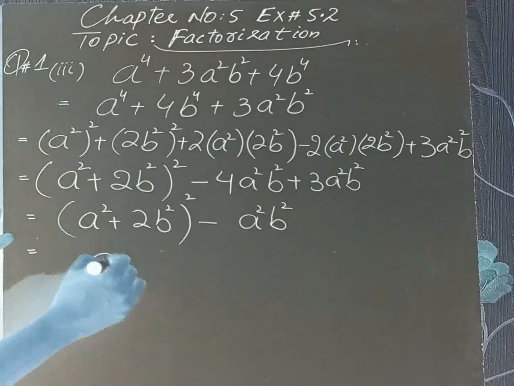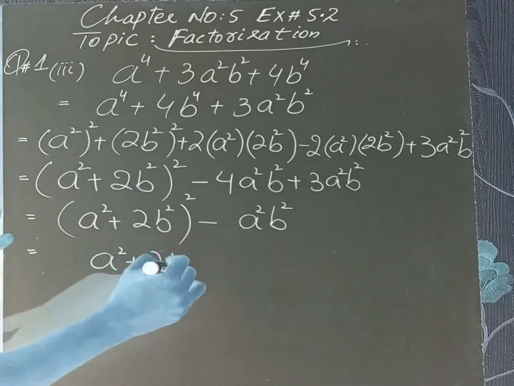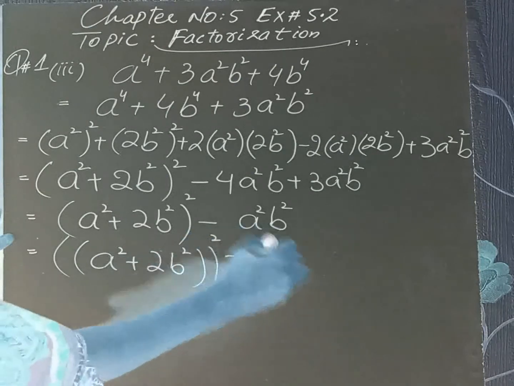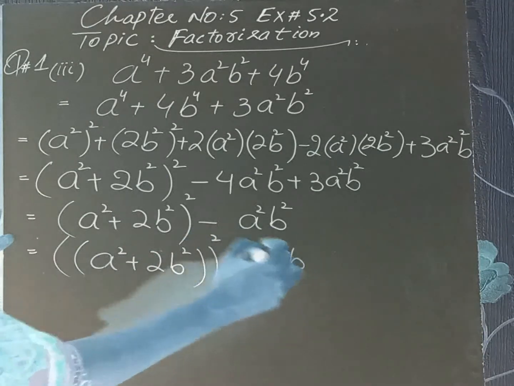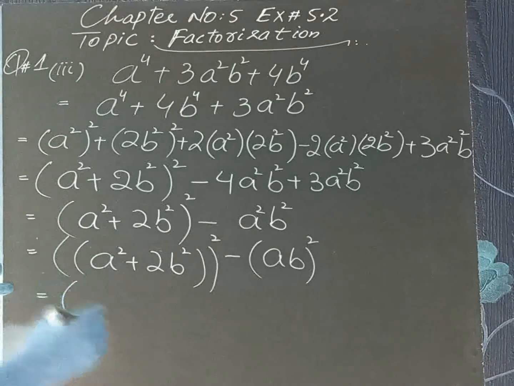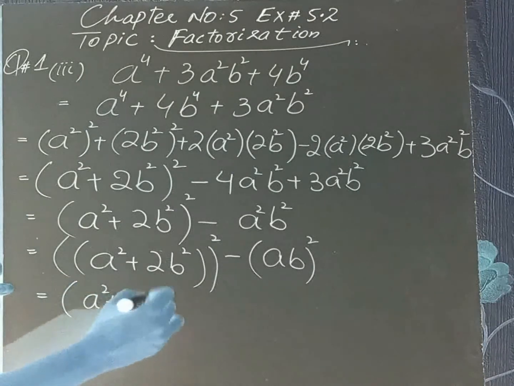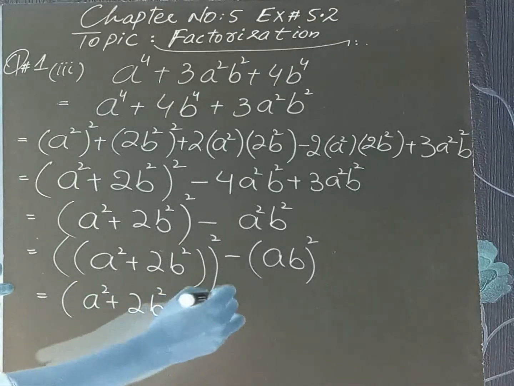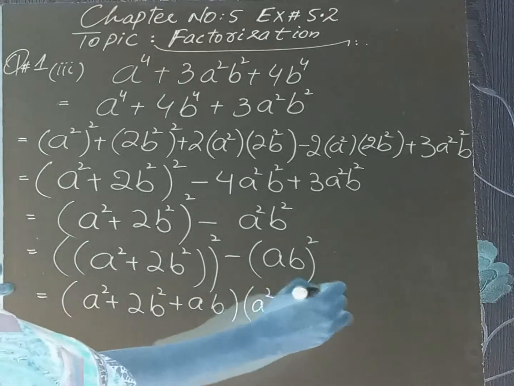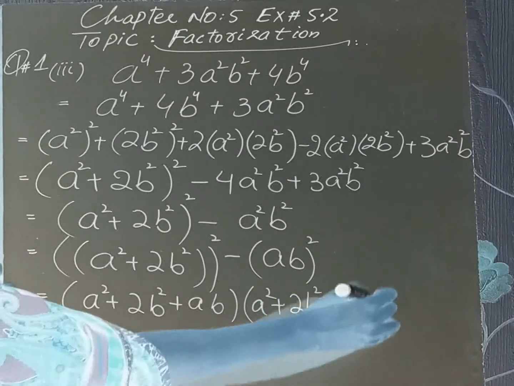Here are the two terms, a square plus 2b square is the perfect square of itself and a square b square is the perfect square of AB. This is now a square minus b square, that is opened as a plus b into a minus b. So we write here a mean a square plus 2b square plus ab, a square plus 2b square minus ab.